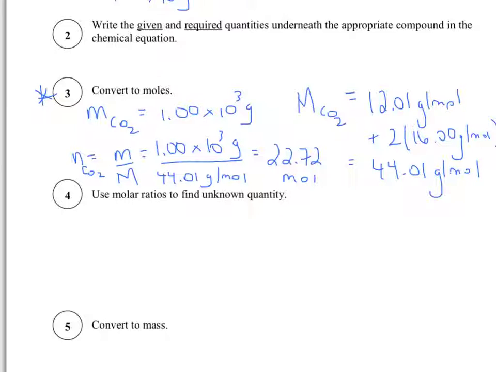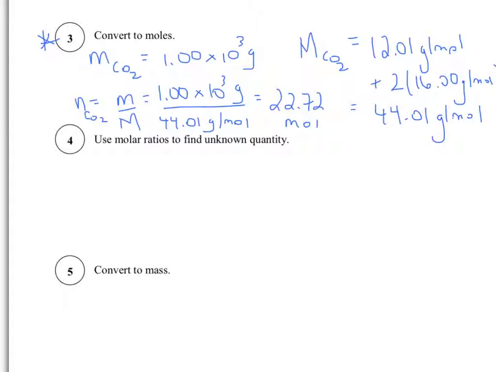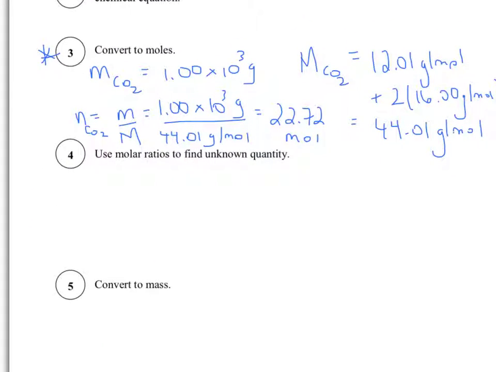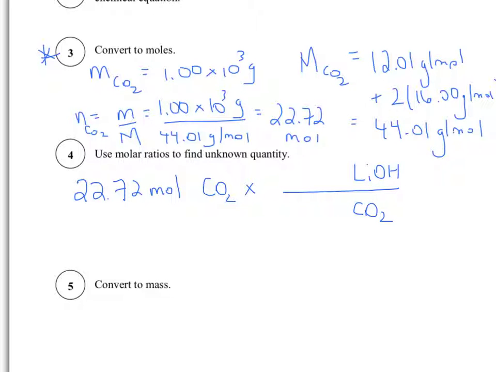Now, once we have our moles, then we can use our molar ratios to find the unknown quantity. So when I go back, I see that I have 1 mole of CO2 for every 2 moles of LiOH. So, since we know that we've got 22.72 moles of CO2, and I want to find out the moles of LiOH, my LiOH will go onto the top, which is 2 moles.